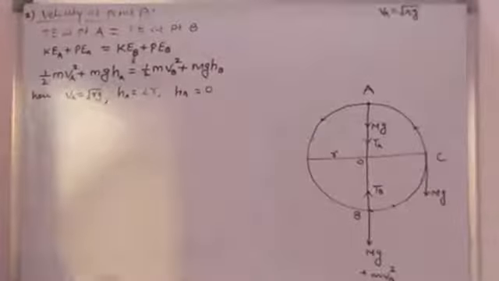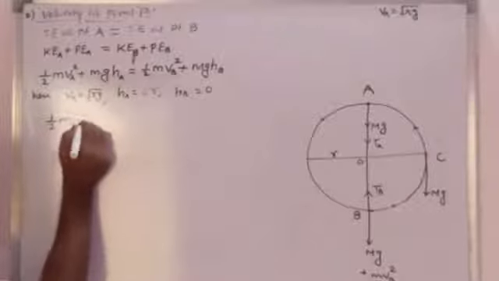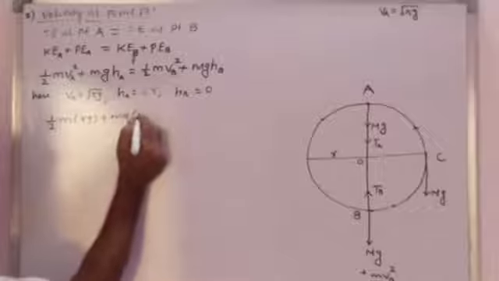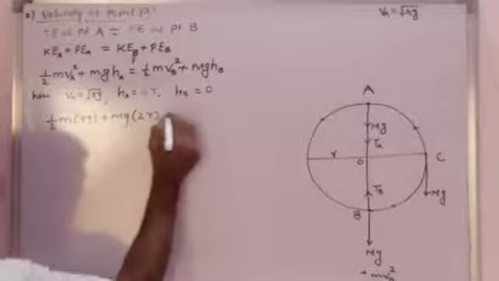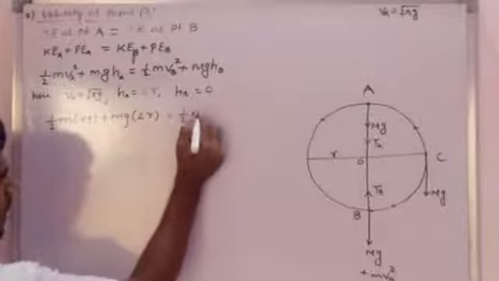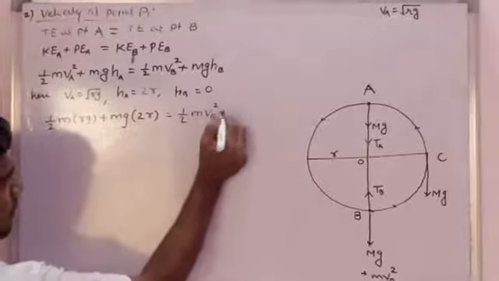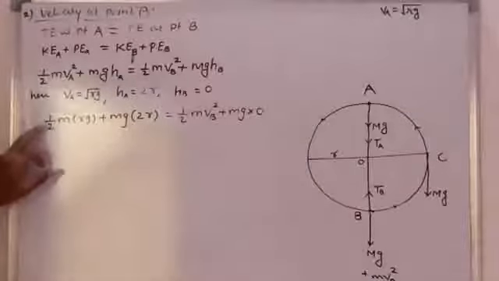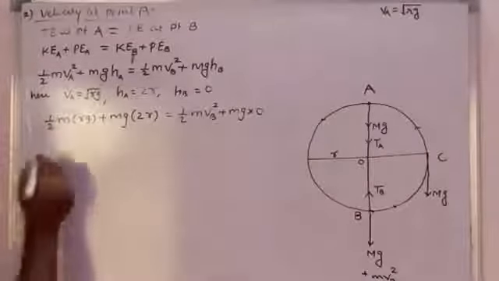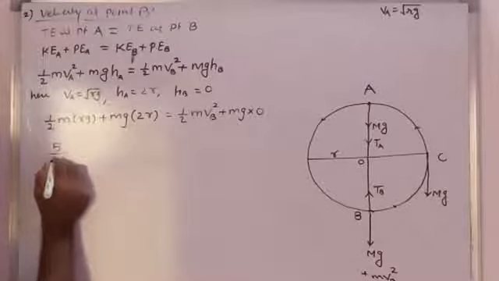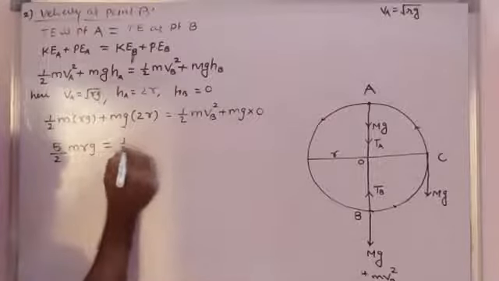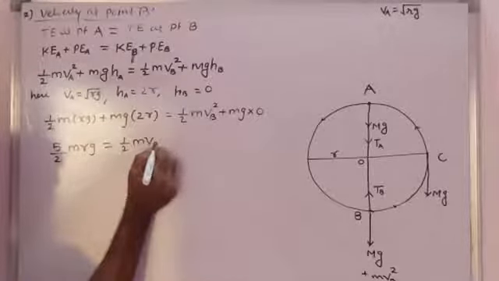So after putting these values we can write half m rg plus mg into twice r is equal to half m vb square plus mg into 0. Now this half mgr plus twice mgr is nothing but 5 by 2 mrg is equal to half mvb square.